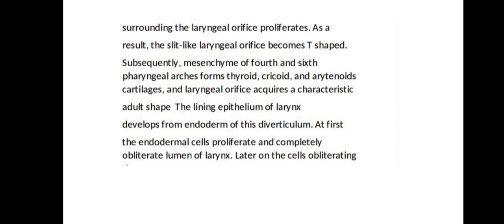Now, at first, the endodermal cells proliferate and completely obliterate the lumen. So the obliteration of this lumen will cause what you call the solid stage, or the occlusion of the laryngeal lumen. So what follows at the 10th week of intrauterine life, there must be a recanalization to restore the luminal structure of the larynx and the trachea.